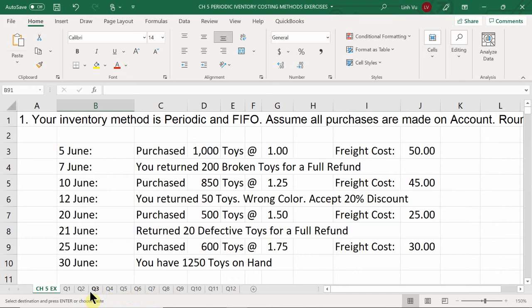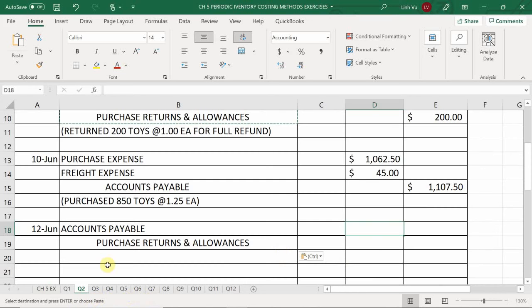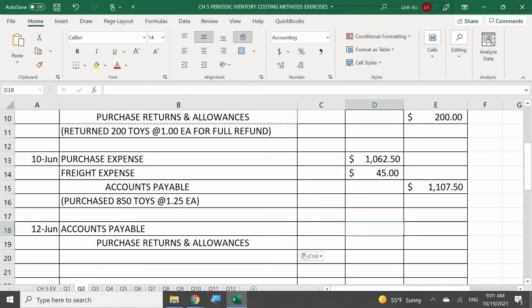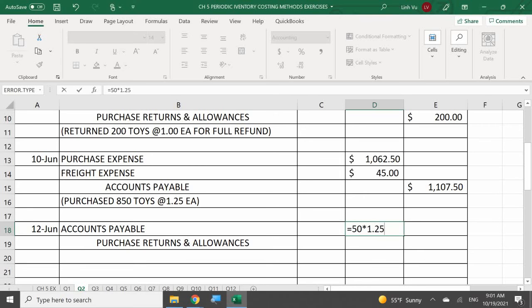So let's see. Okay. All right, so Maribel said that we got the 50 toys at the $1.25, and then we're going to take 20% of that, which gives you $12.50. So in this case, you're not looking at the, I see where you got that number.